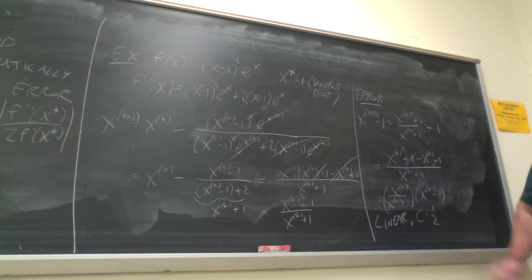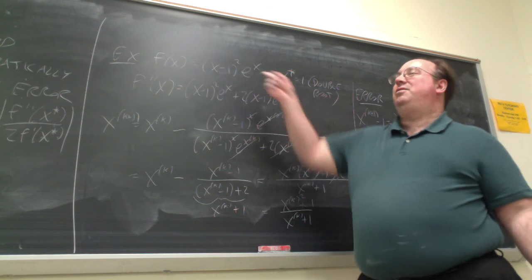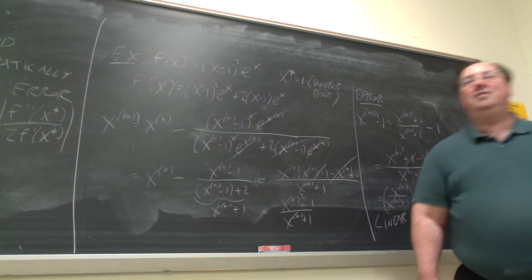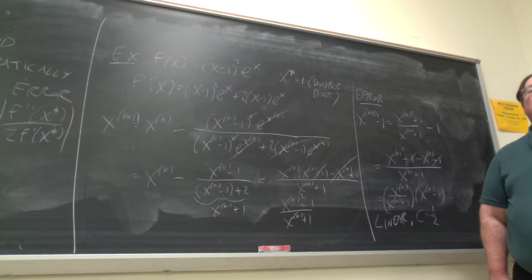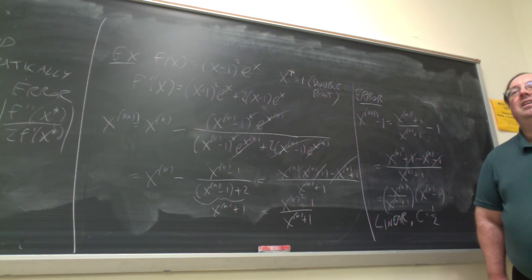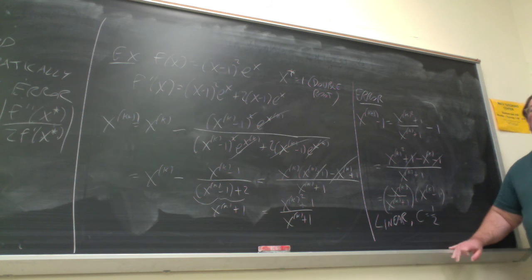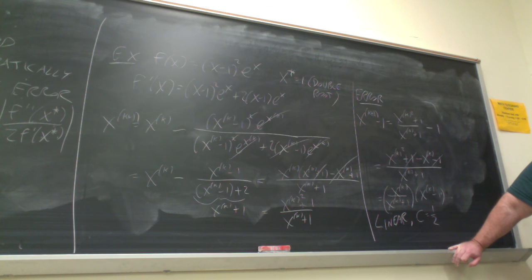Bisection, yeah. Now, can I use bisection for this? For that function? You're saying no. Yeah, you can't. Why? Because of the double root? No, double root's not a problem.